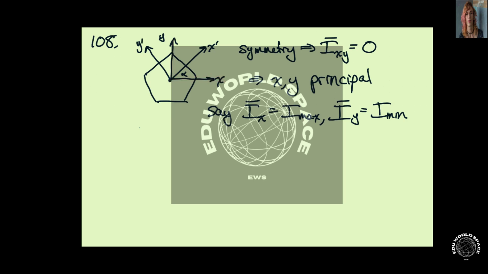which then says that either Ix or Iy is the maximum. And we can just say, let's say Ix is the maximum. There's no loss in generality by assuming this, because we could just look at the other case and everything would follow.